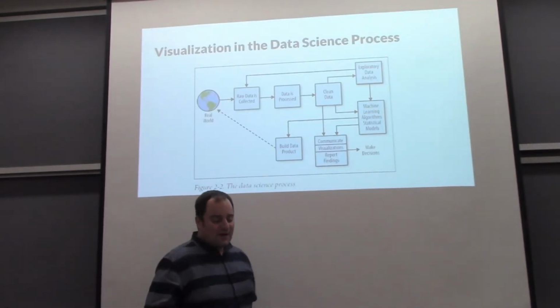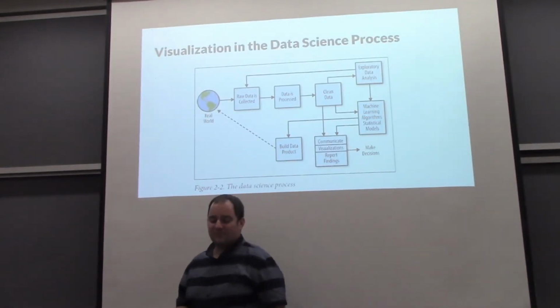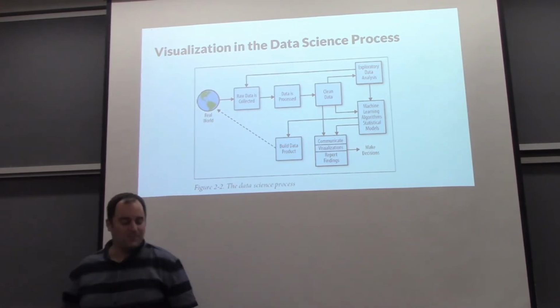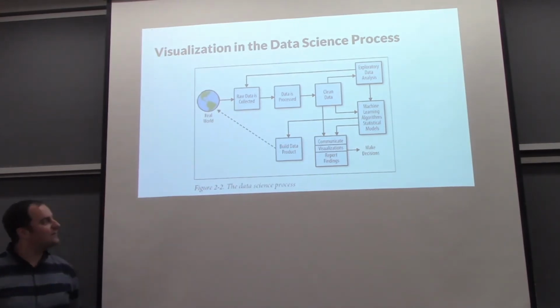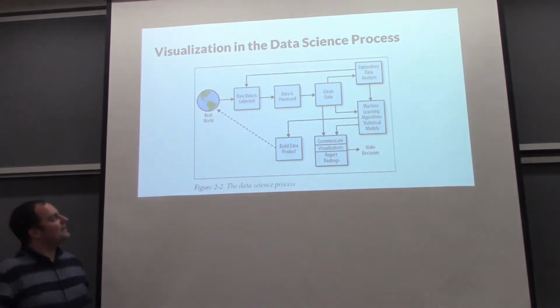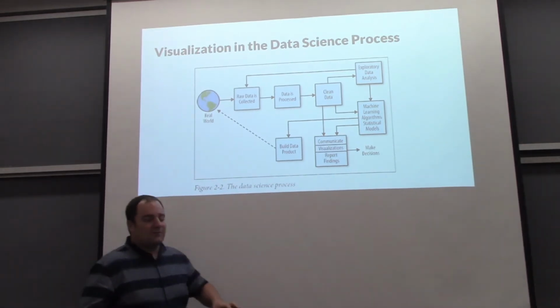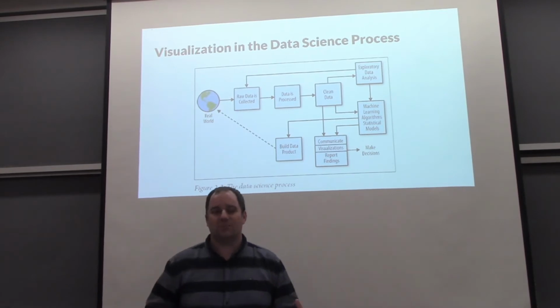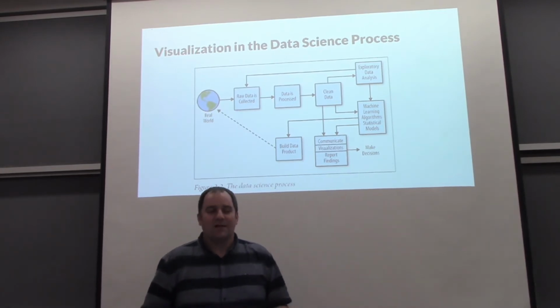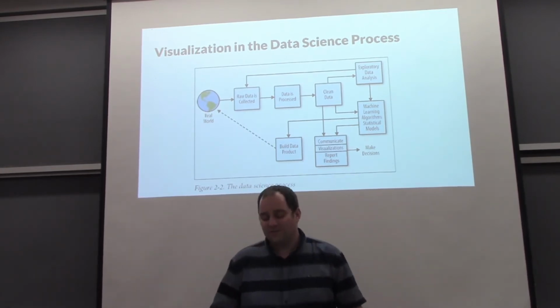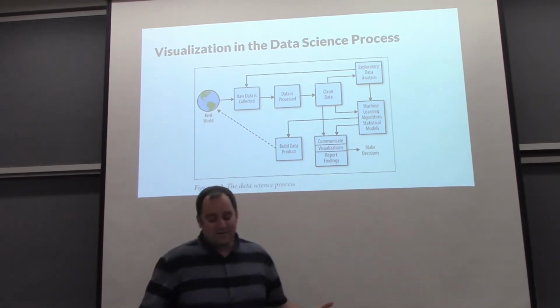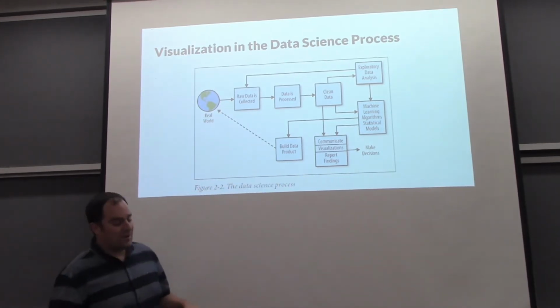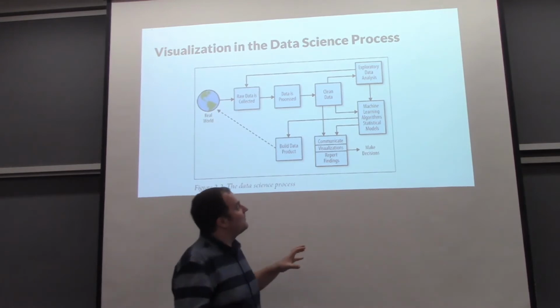This is a graphic that I like that explains the data science process. It's from a book by Rachel Schutt and a colleague, I think. But anyways, what it shows us is what happens in what everybody nowadays calls data science. We have the real world. We collect data about the real world, then we process the data, which is a very tedious process very often. We clean the data, again a very tedious process, but then we can do certain things with it.